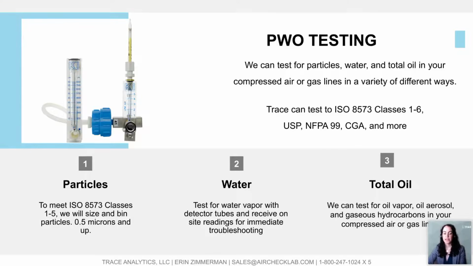Everything runs consecutively. And the sample times are going to be based off of either the purity classes or the package that you're trying to meet. So we have easy to follow instructions and sampling videos online. If you'd like to learn more about this kit, definitely check out our website or reach out to us directly.